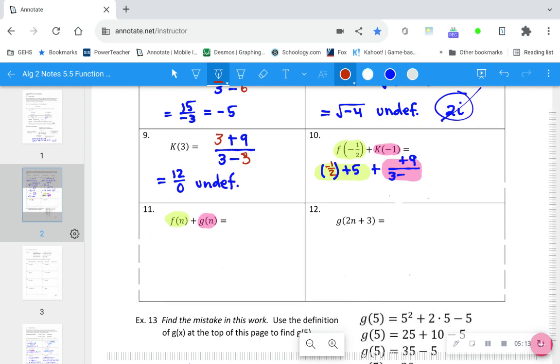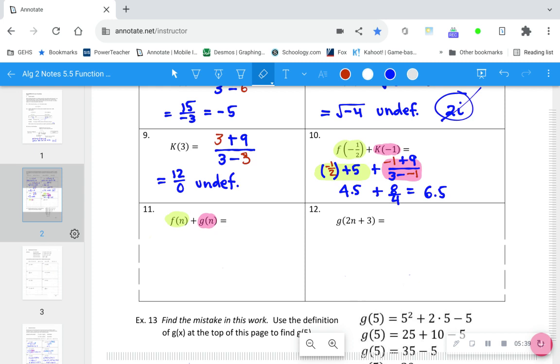And then the k adds 9 to it. We'll put a -1 there and a -1 there. Let me get that -1 showing a little better. And when you simplify those, you get 4.5 for the first one, and 8/2, which is 8/4, which is 2. So that's 4.5 plus 2 is 6.5.